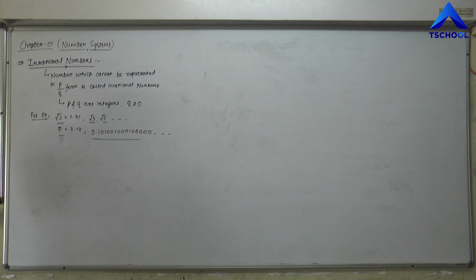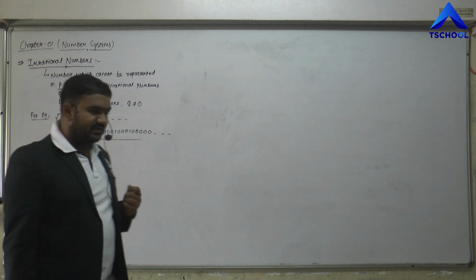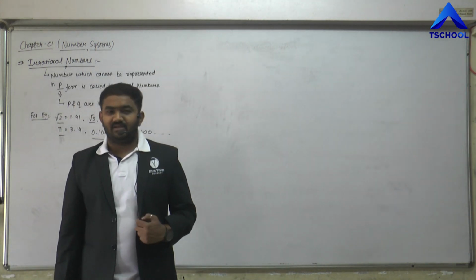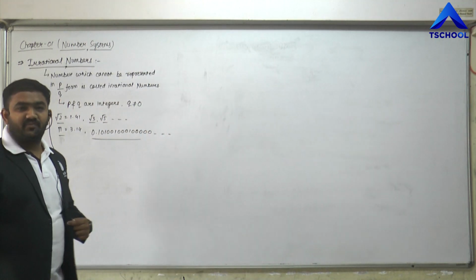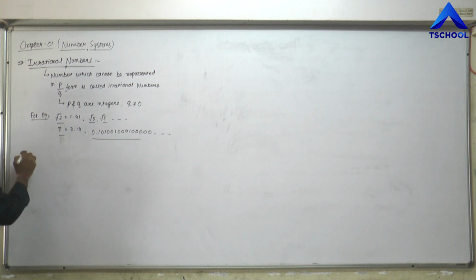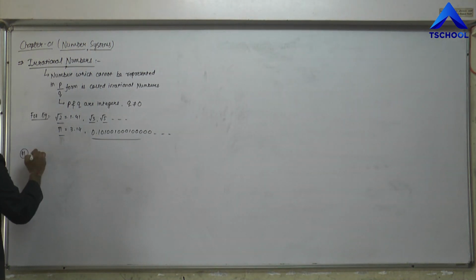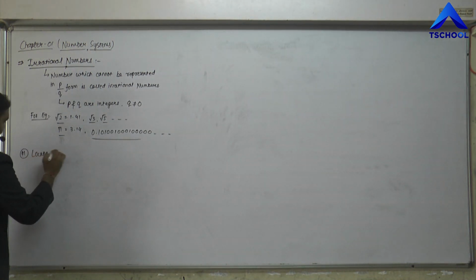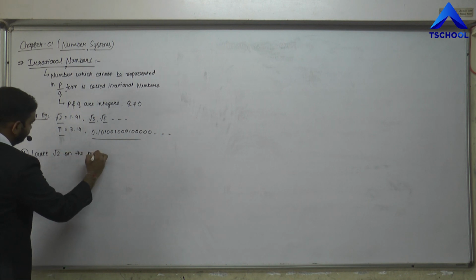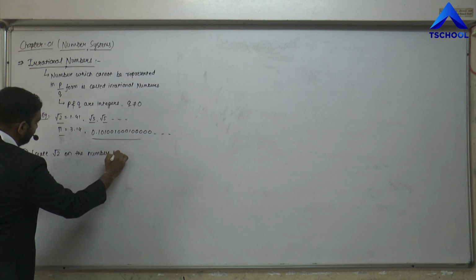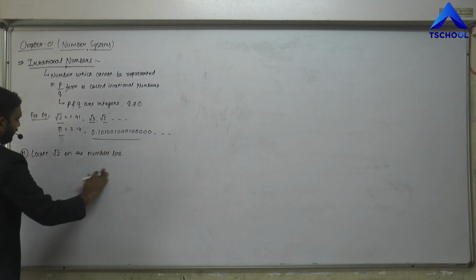Now, a question that might be asked from this topic is, you need to locate an irrational number on the number line that we discussed in the first topic of this chapter. And the question that might be asked is like, locate root 2 on the number line, right?